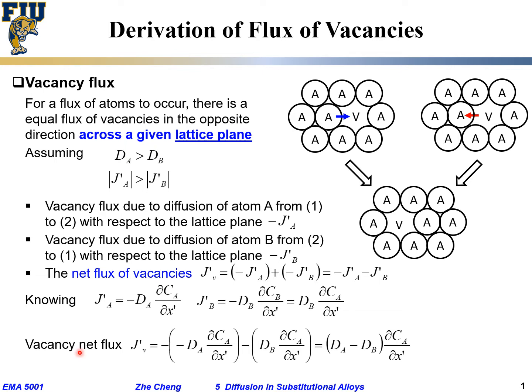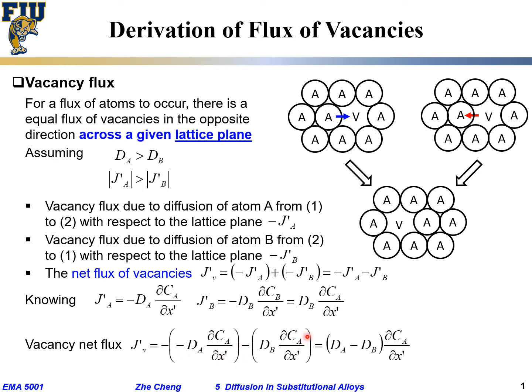Because A is going one way, B is going the other way. A moves, cause some vacancy to move. B moves, also cause some vacancy to move. But the net flux of vacancy due to this is given here. Okay? And then JA prime minus JB prime. I put it in, negative sign cancel.